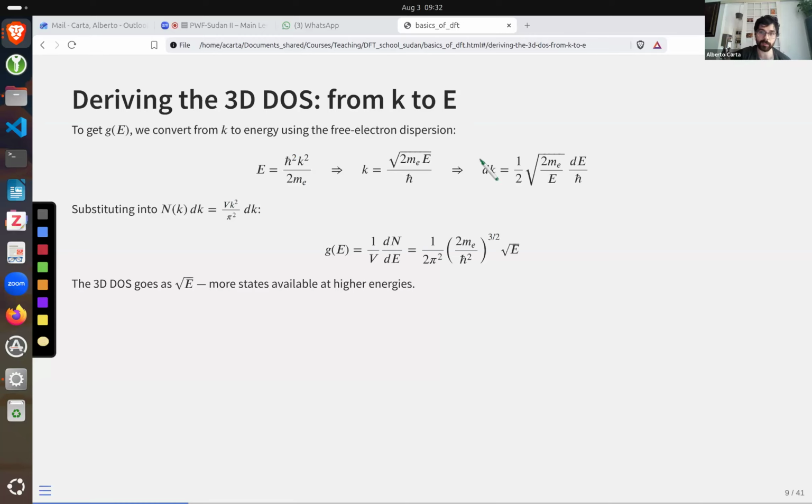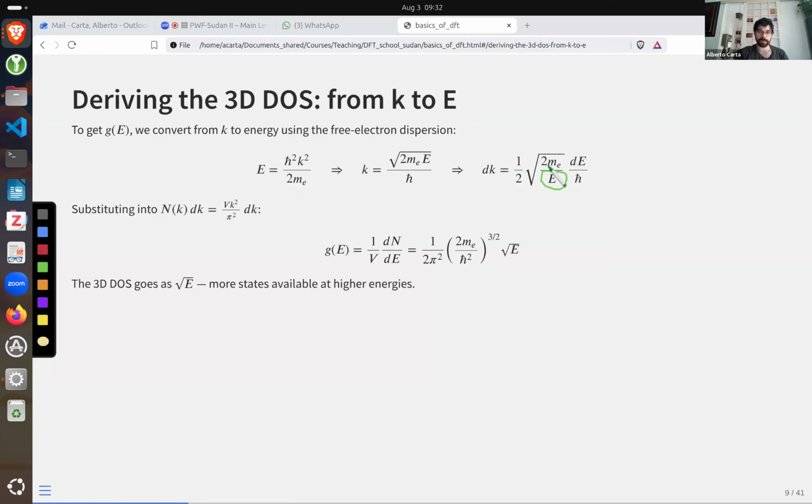Now we can take the derivative, since we need a small increase in the k vector. This gives us something that evolves with 1 over the square root of E. Importantly, the E here is in the denominator.